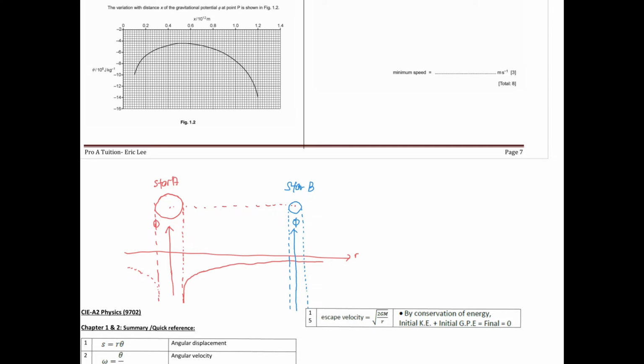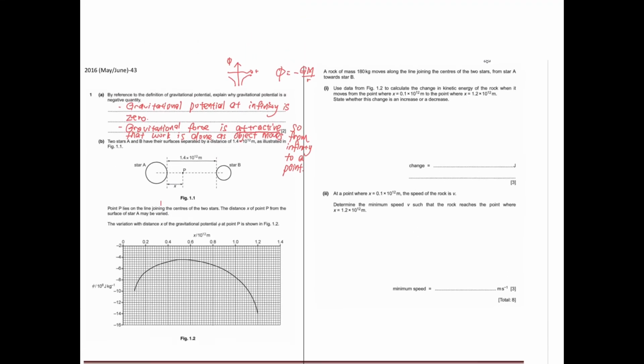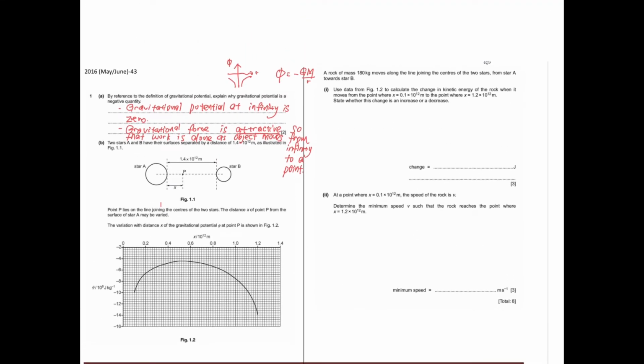Now let's look at the basic graph again. Our basic graph is like this. This time I'm going to use the left hand side, the graph on the left. I ignore the graph on the right because we are not going to discuss the phi on the right hand side of star B. There is nothing to discuss.